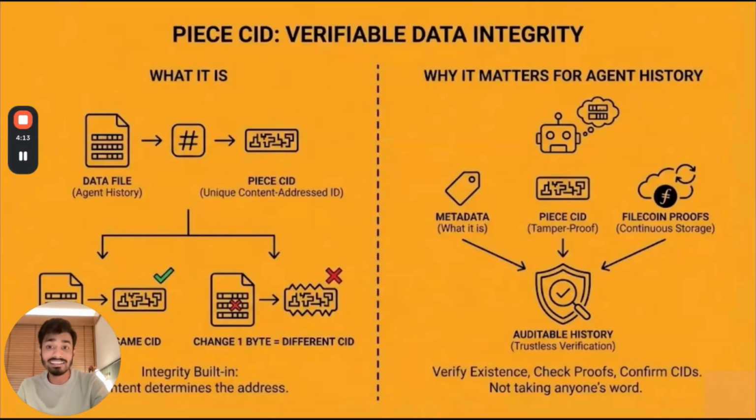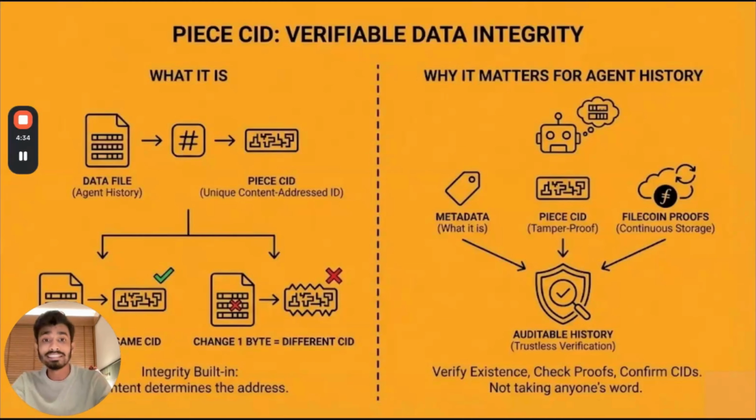So the integrity is actually built into the address itself. For agent history, this really matters. Every piece of memory your agent stores has a unique identifier that proves the content is authentic. The metadata tells you what it is, the PieceCID proves that it hasn't been tampered with.